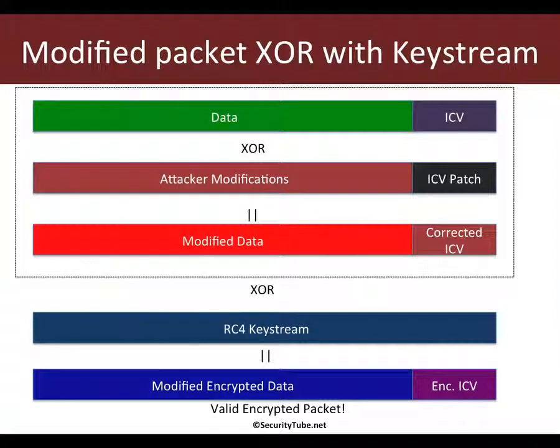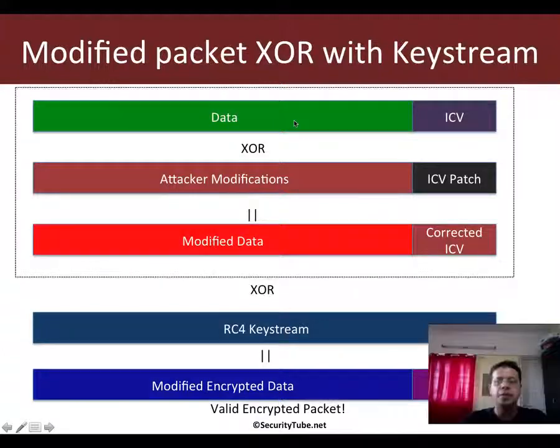And if you look at it, this is how you would visualize the entire thing. Basically, we take the original packet, and we can break up the problem. Imagine that now the attacker modifications are getting XORed with the plain text. The attacker has crafted an ICV to ensure that when this is XORed with this ICV, a corrected ICV comes in, which is the ICV value for this modified data.